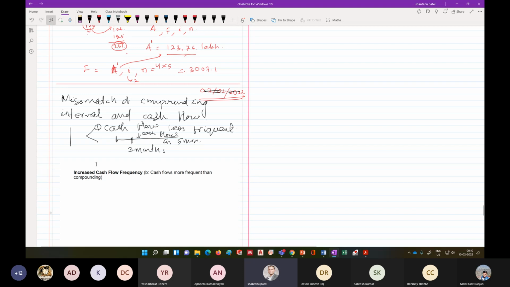And we said that this can be done two ways, right? First is you just find the interest rate, which is in terms of 5 months.